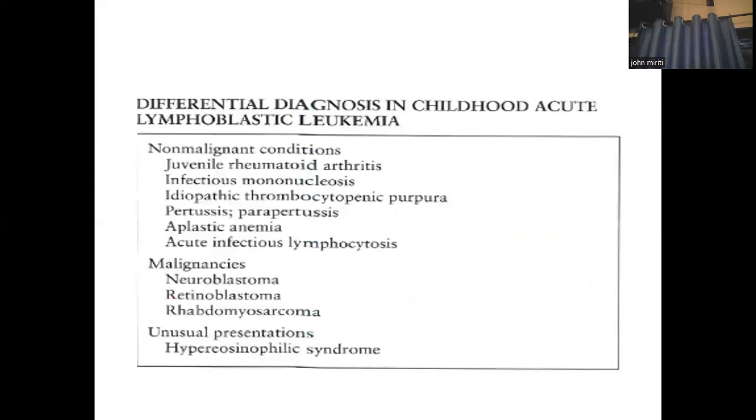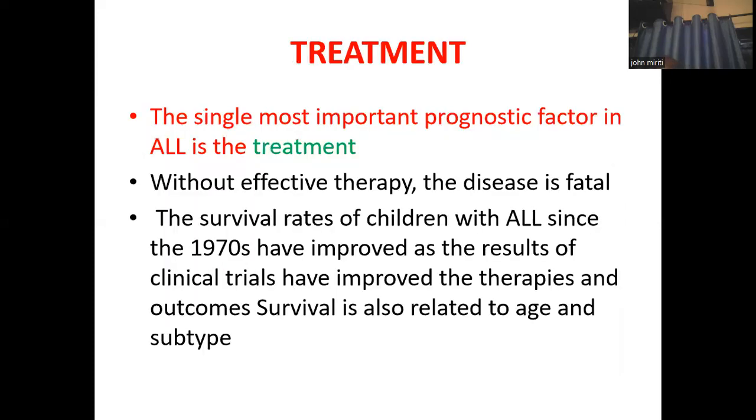The differential diagnosis in children with acute lymphoblastic leukemia includes non-malignant conditions such as juvenile rheumatoid arthritis, infectious mononucleosis, idiopathic thrombocytopenia, pertussis, parapertussis, or aplastic anemia, acute infectious lymphocytosis, and malignant conditions like neuroblastoma, retinoblastoma, and rhabdomyosarcoma, and unusual presentations like hypereosinophilic syndrome.